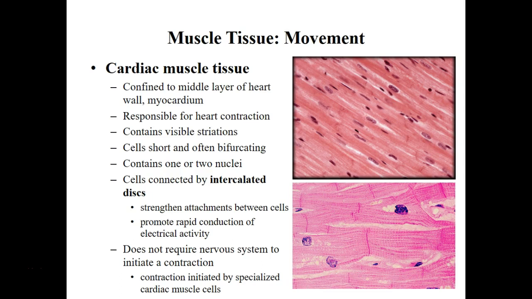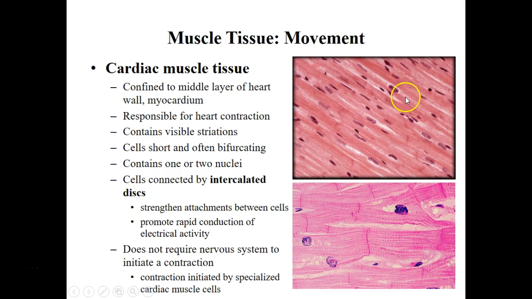Cardiac muscle is also striated. You don't see the striations as well up here, but you can definitely see striations along here. Cardiac muscle is branched. You can see the branching really well down here. You see some branching up here, but not as well. It has intercalated discs.